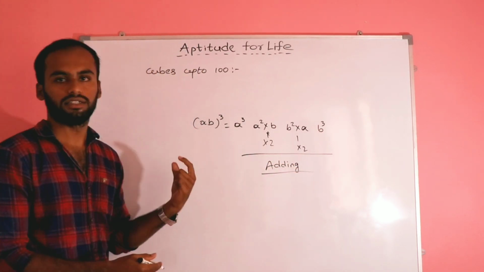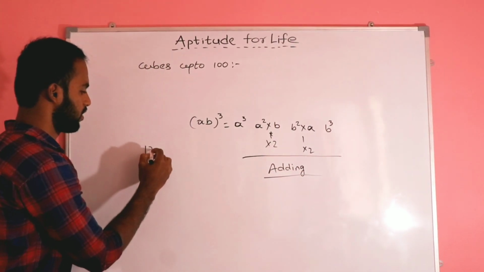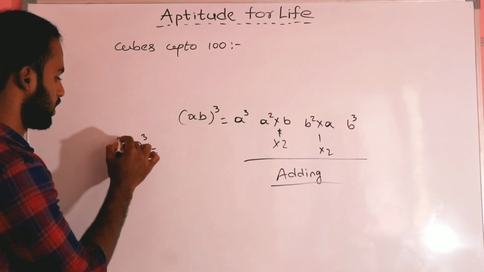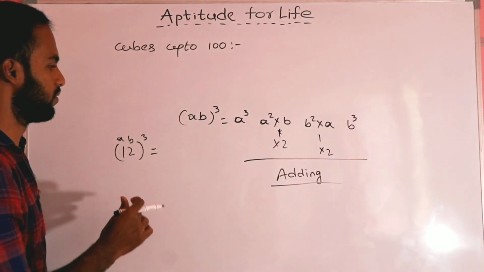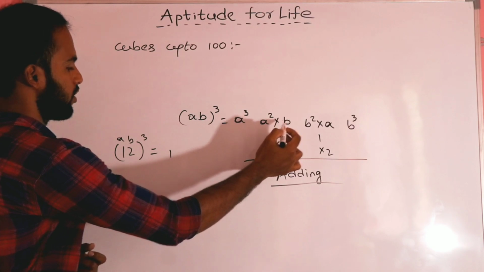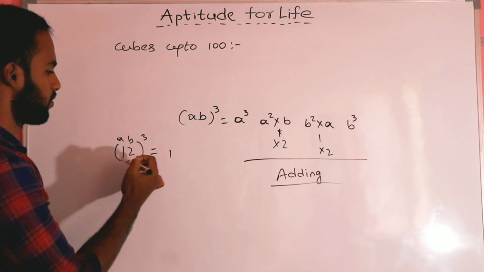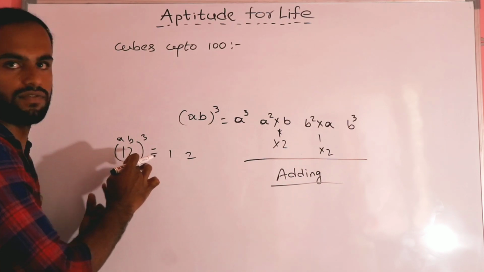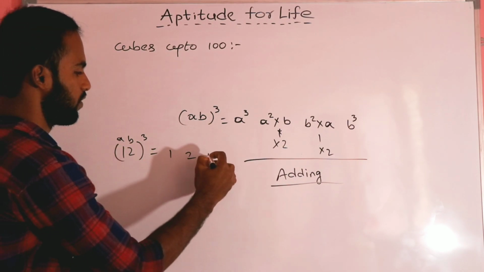Let us consider one example, 12 cube. Here A will be 1, B will be 2. A cube will be 1, A square into B will be 1 square into 2, which is 2, B square into A will be 2 square is 4, 4 into 1 is 4.